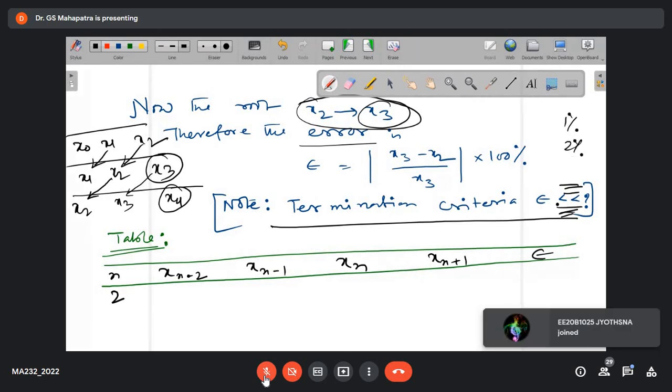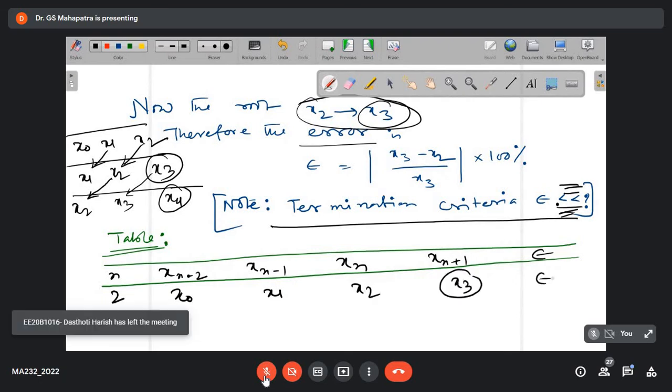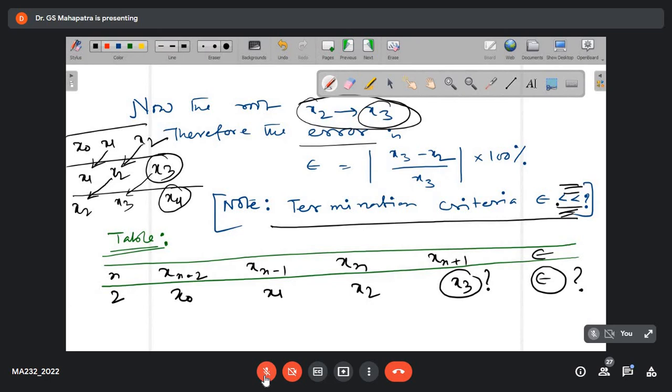So I will now check. So this is the computational table. x naught, first case, initial approximation, x1 and x2, you are going to find x3 and you are going to find epsilon. The circled one is actually unknown to you, you have to evaluate these two.